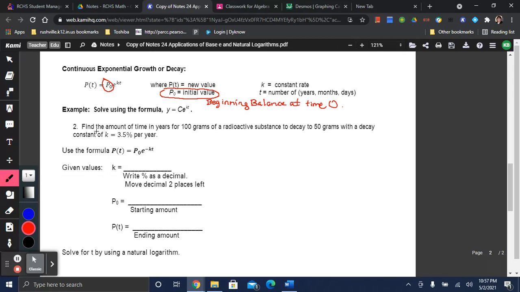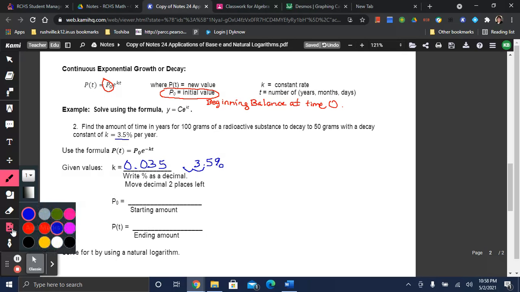And so this one says find the time in years for 100 grams of a substance to decay to 50 grams with a decay constant of 3.5% per year. And it says to use this. So your k, which is your decimal, 3.5%. And so we'll write that, moving the decimal to the left twice, 0.035.